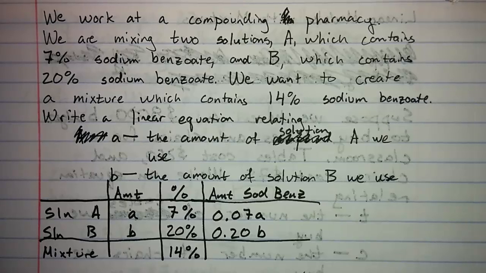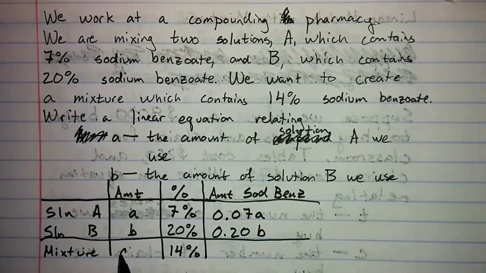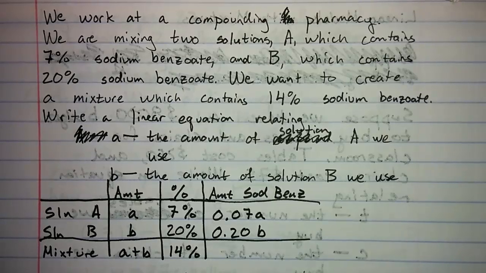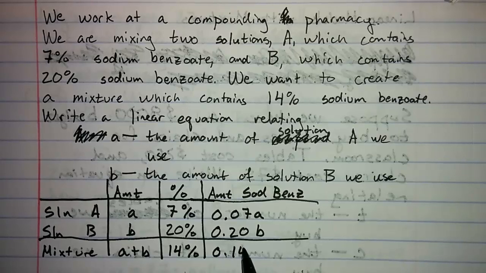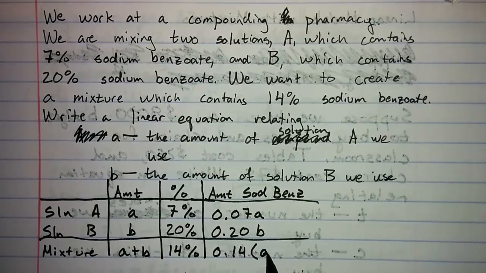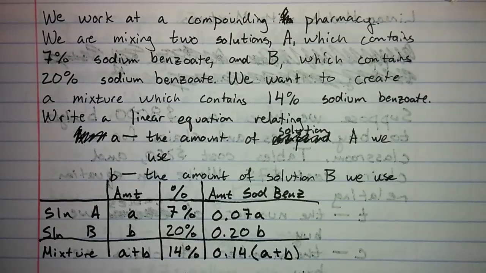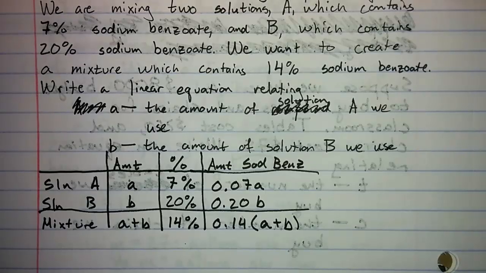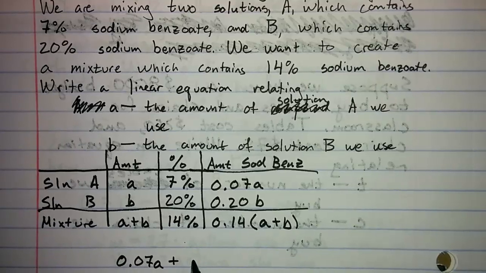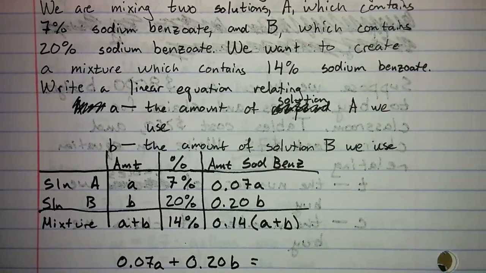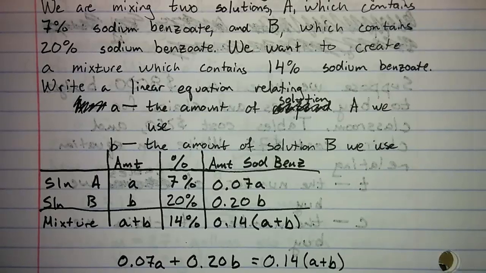If I mix A units of solution A with B units of solution B, how much have I got in the mixture? That's right, A plus B. So the amount of sodium benzoate in the mixture will be 14% of A plus B. What equation does that give us? Well, the amount from A plus the amount from B equals the amount in the mixture.